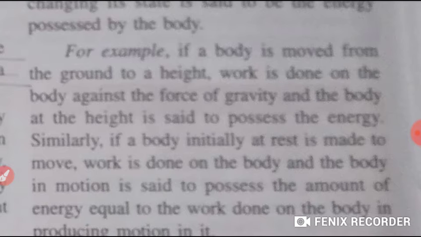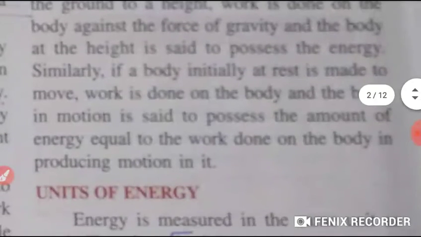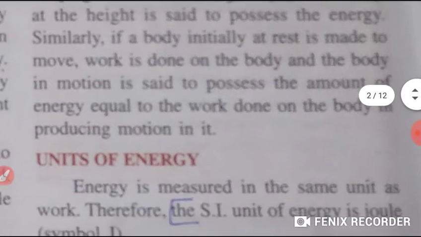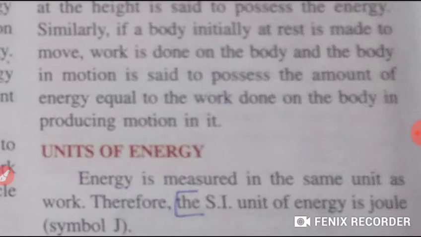The body at the height is said to possess energy. Similarly, if a body initially at rest is made to move, work is done on the body, and the body in motion is said to possess an amount of energy equal to the work done on the body in producing motion in it.